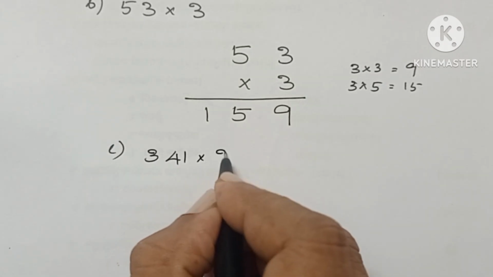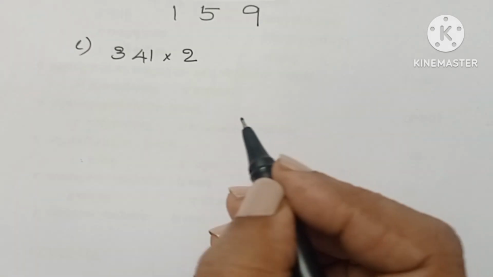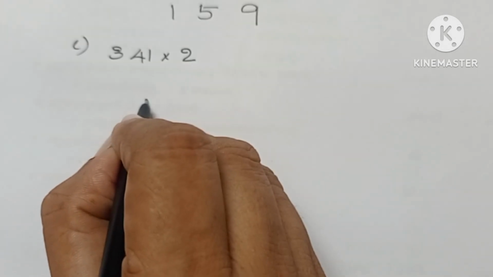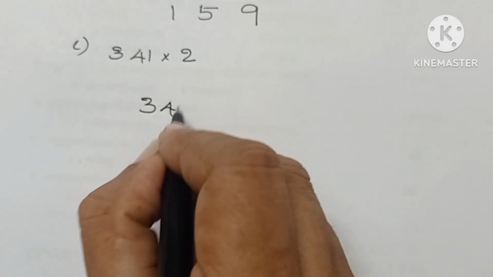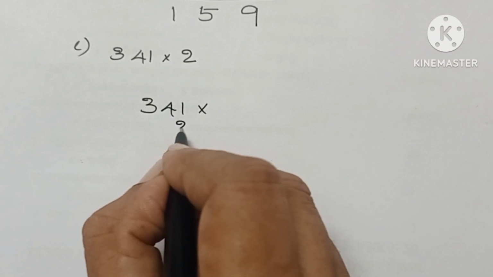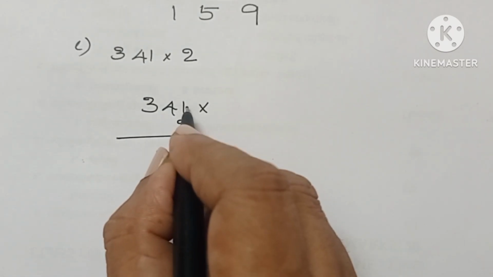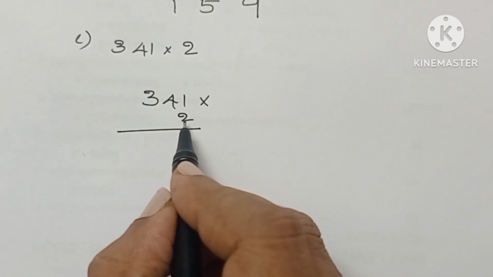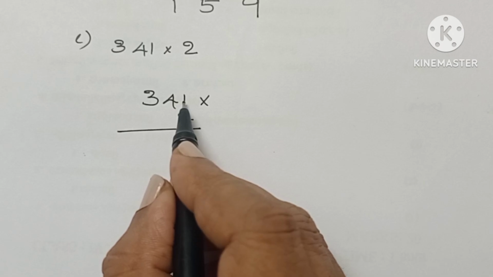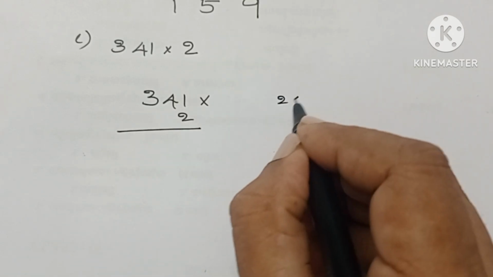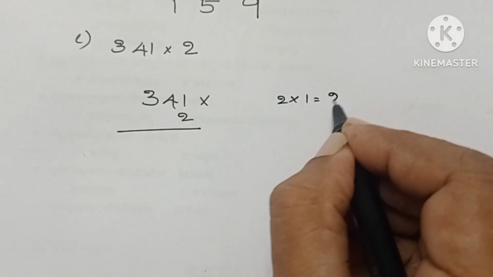Another example, 341 into 2. Writing 341 into 2. 2 into 1, 2 ones are 2.